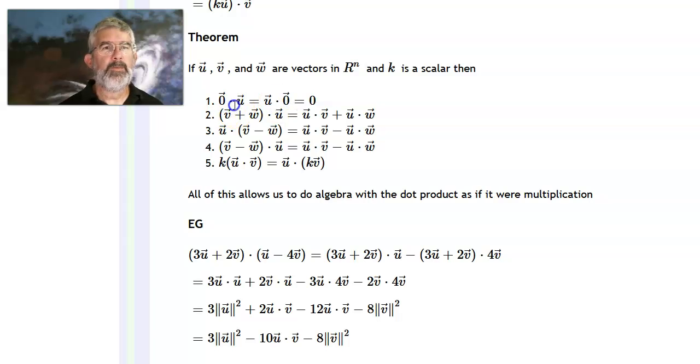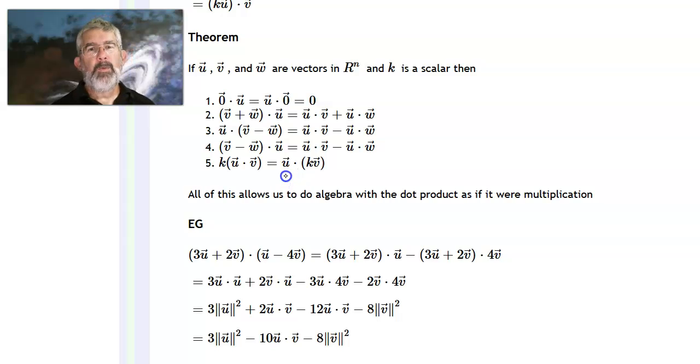This one you just look at what happens when you got all zeros times all those u1, u2 up to un. Those are all going to be zeros, and then you add them together to get 0. But for these 2, 3, 4, and 5, you don't need to get into the individual entries in the vectors because you can just use the properties of the previous theorem to show that these are true.